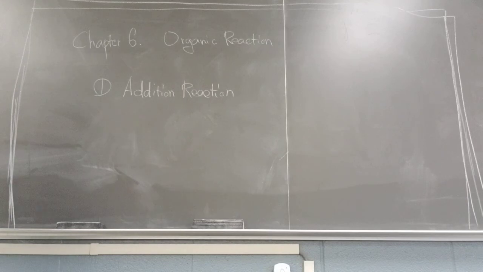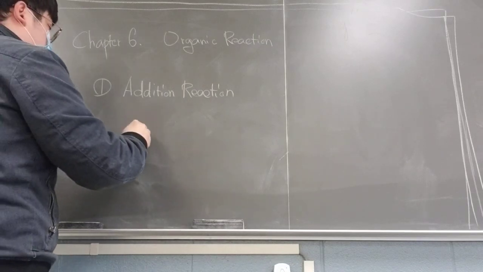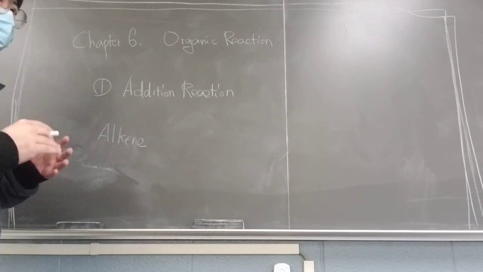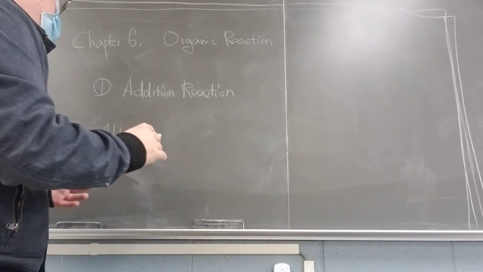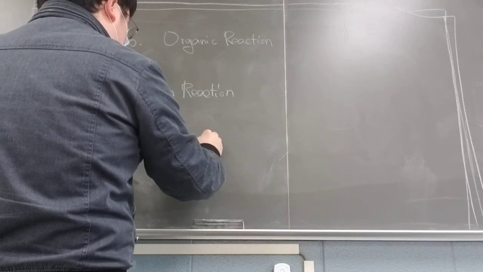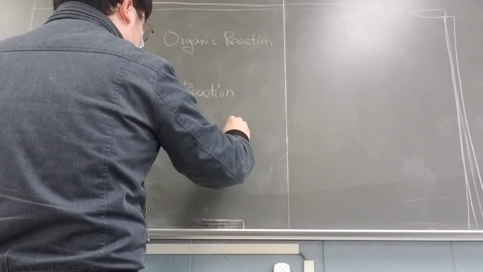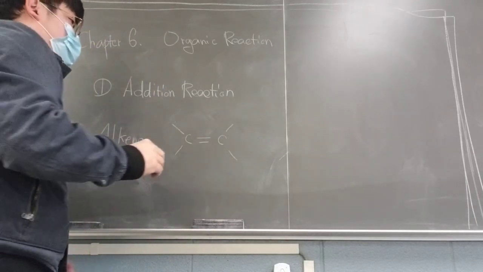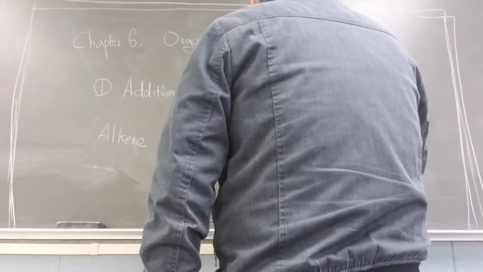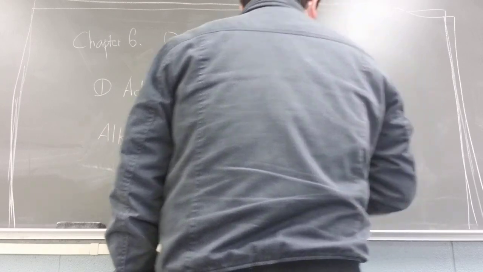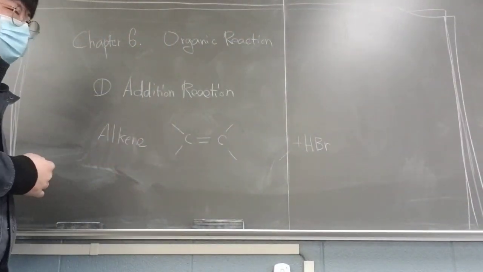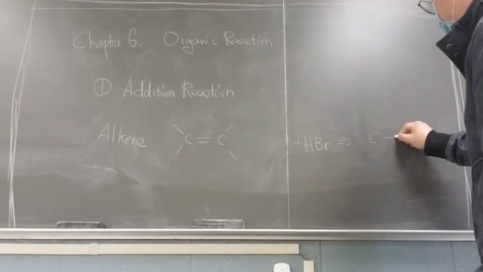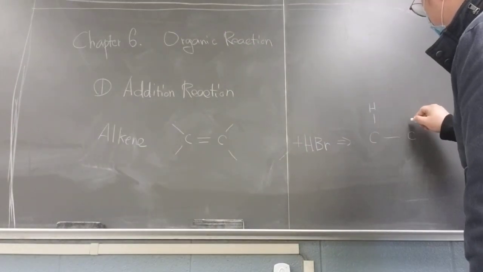One example I can give you is whenever you have an alkene. Alkene simply means a compound that has a double bond on it. Let's say we have a double bond between these two carbons, and we can apply some other compounds here. Then they might give you new products, which look like this.